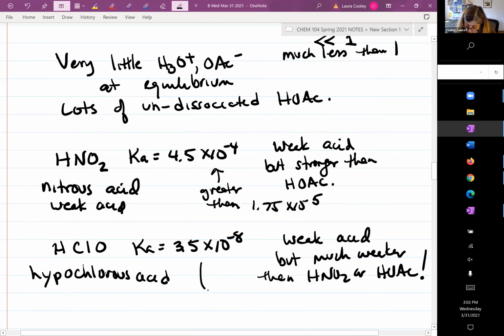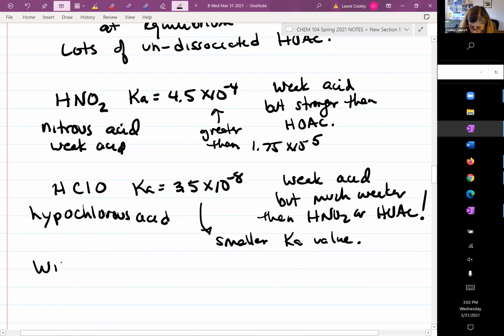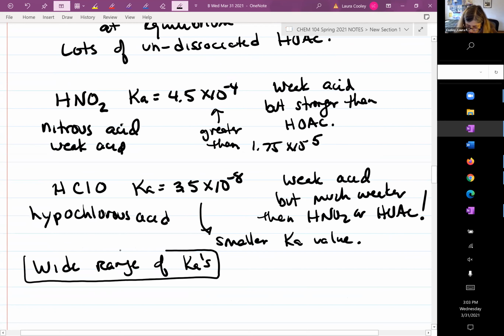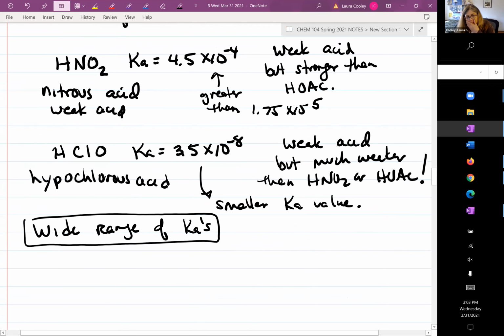And that's because it's got a smaller Ka value. So the value of Ka is actually pretty important. And let me tell you, there is a very wide range of these Kas. So I'm just going to show you again. I showed this to you once or twice already.